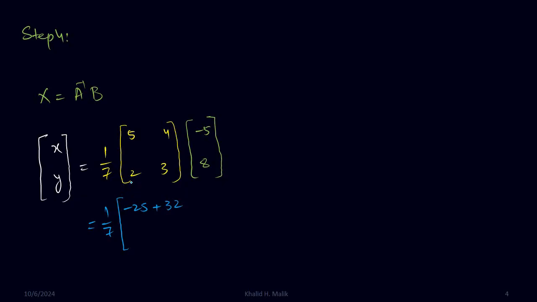And we have to multiply the second row with this column, so 2 multiplied by minus 5 becomes minus 10, plus 3 times 8 becomes 24.